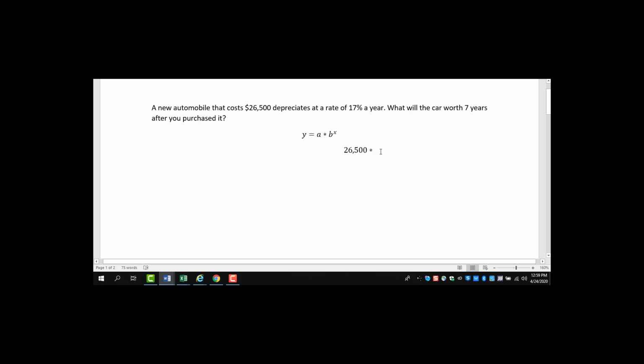So it is going to be 1 minus 17 over 100, which is actually going to be 0.83. So you take all that, put it in your calculator, and you're going to get 0.83. Depreciates means it is decreasing, right?